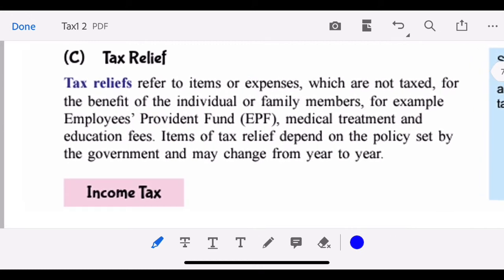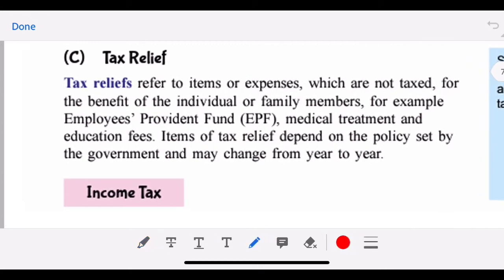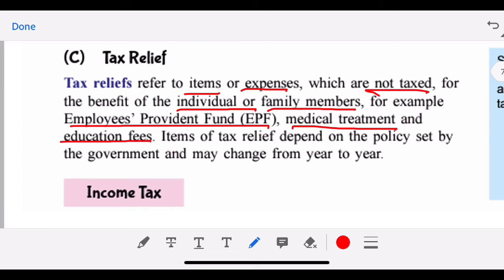Tax reliefs refer to items or expenses which are not taxed for the benefit of the individual or family members. For example, employees' provident fund, medical treatment, and education fees. Items of tax relief depend on the policy set by the government and may change from year to year.